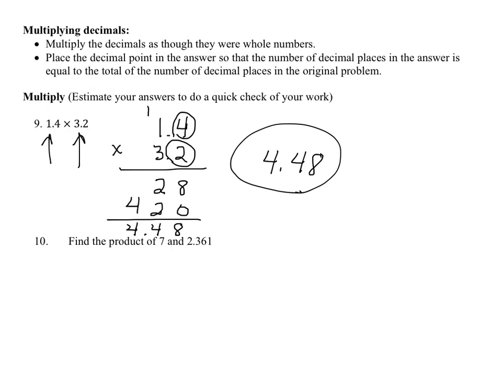Now if we do a quick check, 1.4 is about the number 1. It's closer to 1 than it is to 2. 3.2 is closer to 3 than it is to 4, and 1 times 3 is 3. So our answer is close to the estimate of 3. Here's my estimate. Cool?